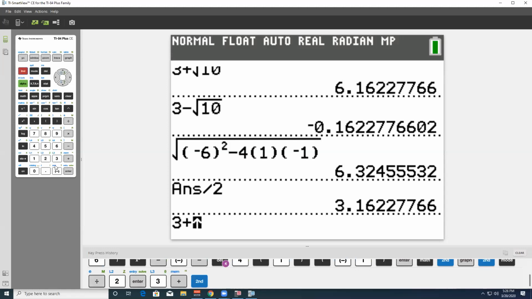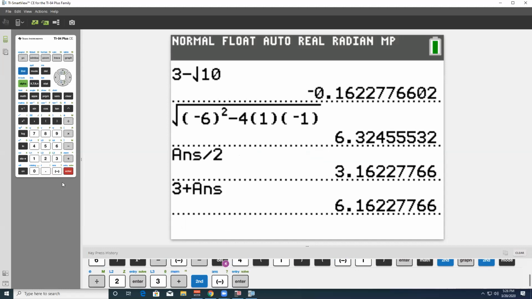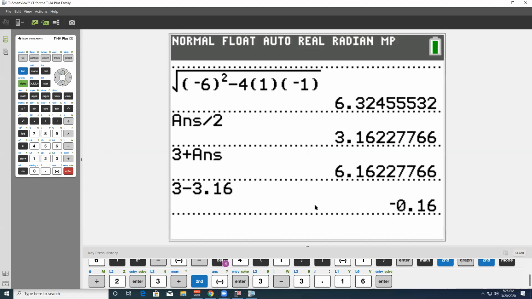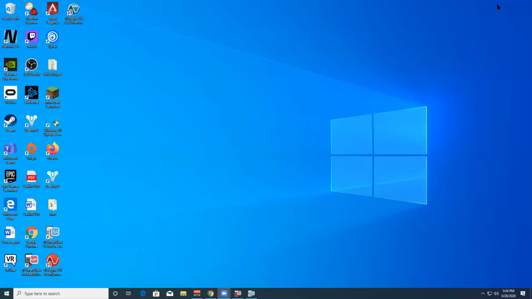I would say second, entry, where's answer? And then there I get my 6.16. Then again, I would do my 3 minus, and then 3 minus 3.16, negative 0.16, the 2 answers we have. So just be very careful with that on the graphing calculator. Cool, I have those up.